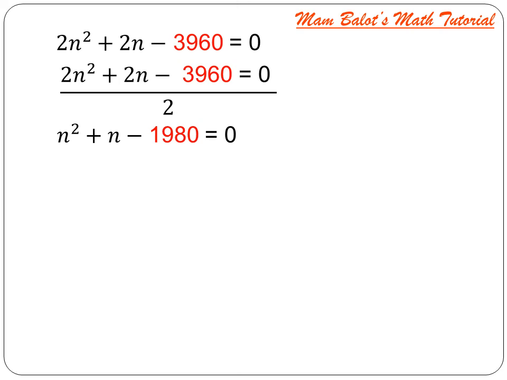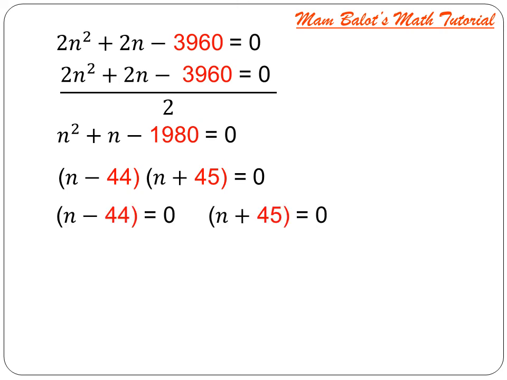In solving for n, we need to factor this quadratic equation. And the factors now are n minus 44 and n plus 45. After that, we equate both factors to 0. So that is now n minus 44 is equal to 0 and n plus 45 is equal to 0. Solving for n, we have n is equal to 44 and n is equal to negative 45.